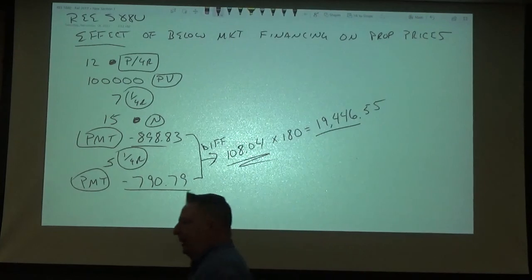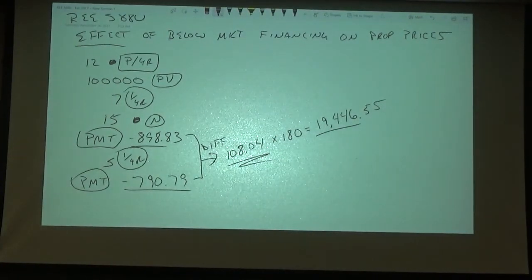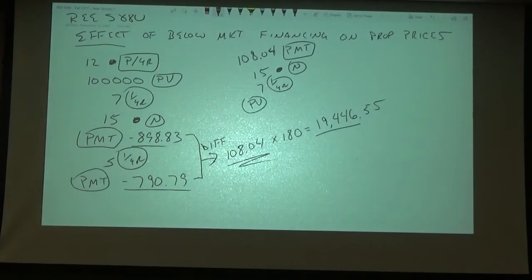But if all we're really trying to do is say, what's the maximum that we would potentially be willing to pay in addition, we could simply take this $108.04, put that in as a payment for 15 years at 7% and solve for the present value.